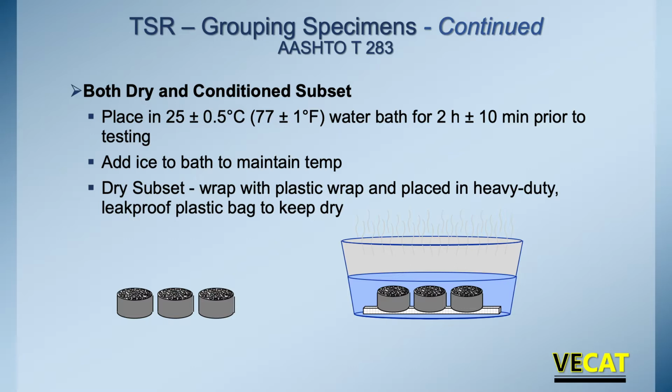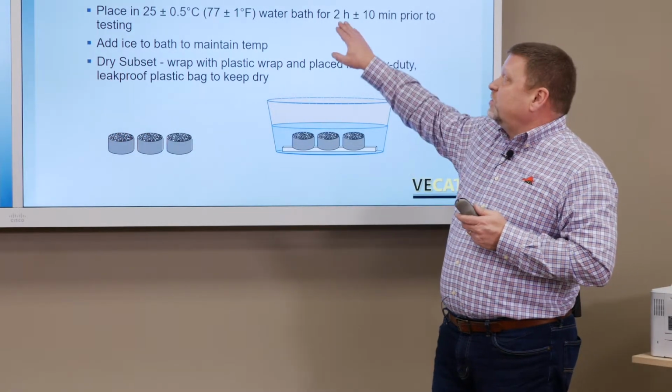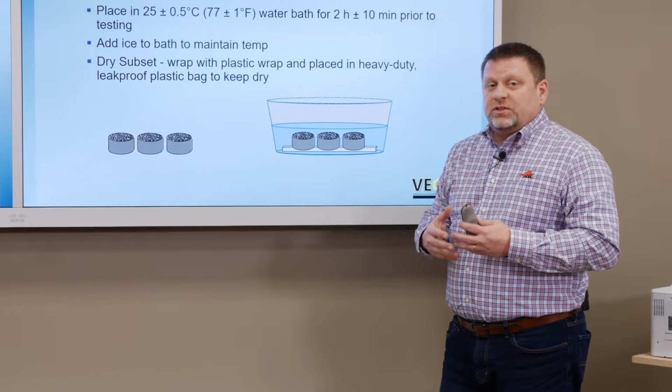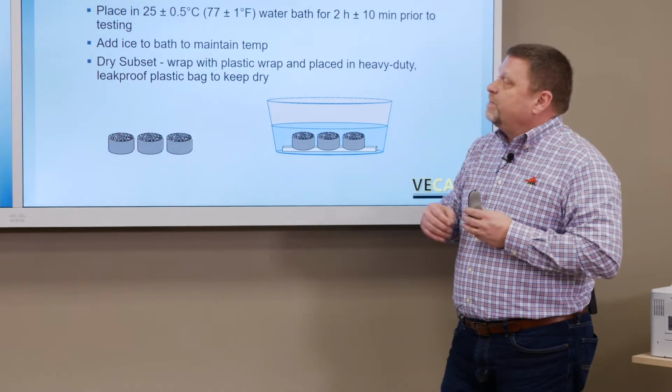The dry subset, we don't want them to get wet at all. The dry subset should be wrapped with the saran wrap just as the previous set was and placed in a leak-proof plastic bag. Now, all 6 samples should actually be in the water bath at the same time for that 2 hours so that all are subject to any kind of temperature fluctuations continuously at the same time.